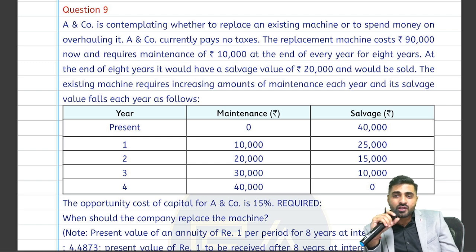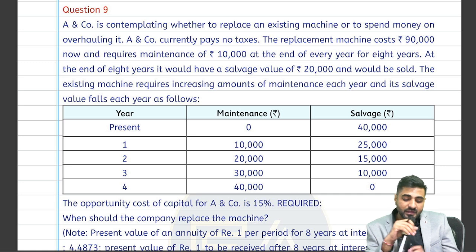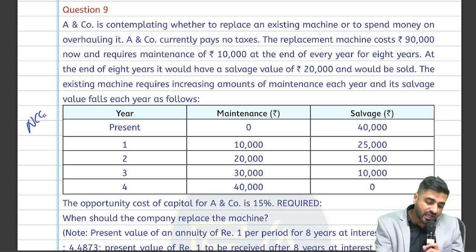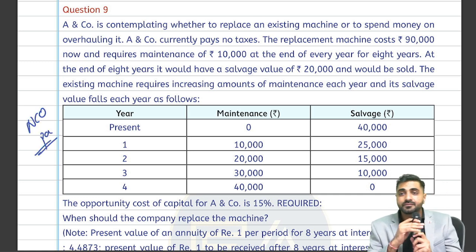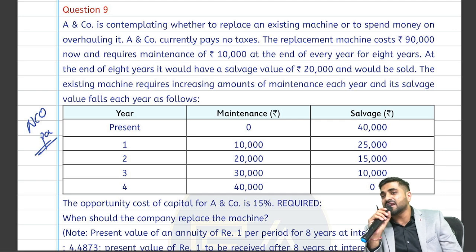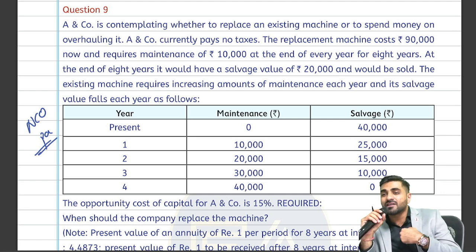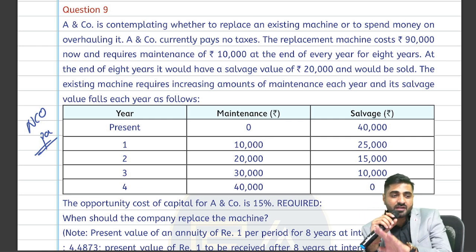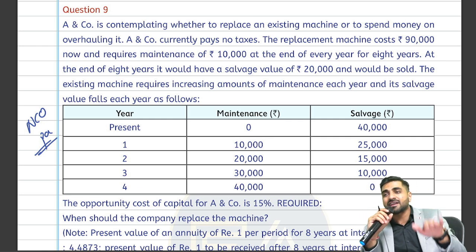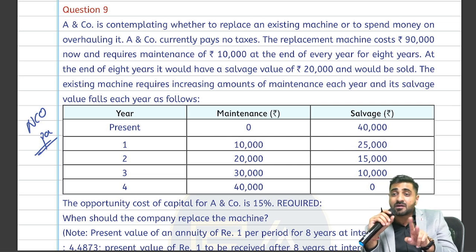So what you need to do here is now you have to calculate what should be the net cash outflow per annum. Now remember like this, that if suppose you want to invest in two projects, project A, project B. Suppose project A has a life of 5 years, project B has a life of 7 years. Can you compare directly the NPV between the two projects? Then the answer is no. Why?